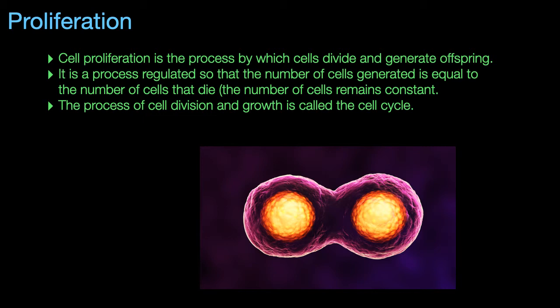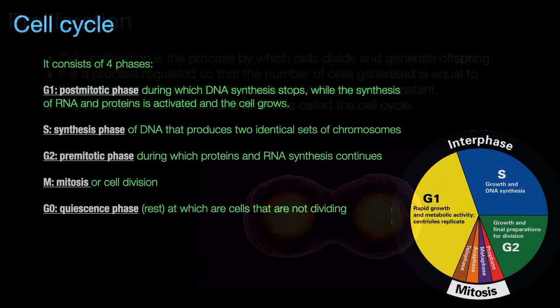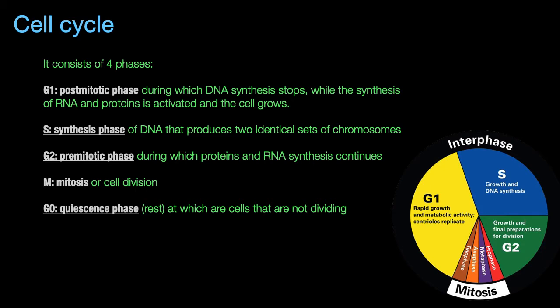From the last year, that cell division and growth is called the cell cycle. We went through that just today as a reminder. I show you the different phases you are familiar with. You have the G1, then the S, the G2, then the cell division. You have some cells that do not divide, and they stay in phase G0, which is the quiescence phase.